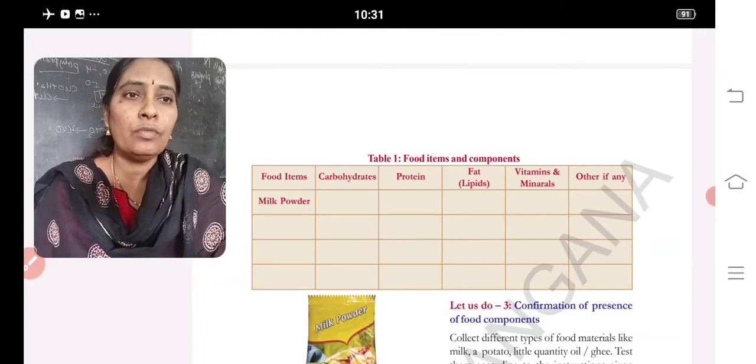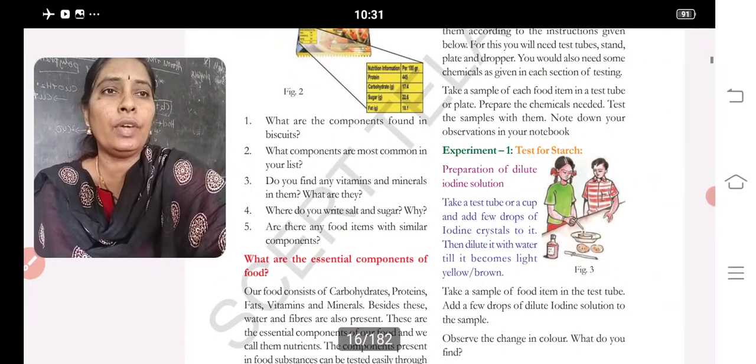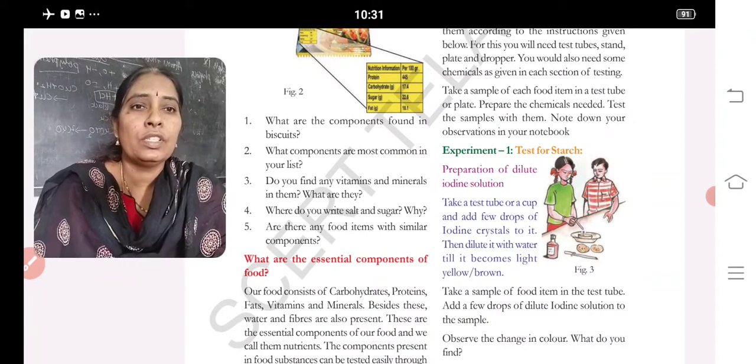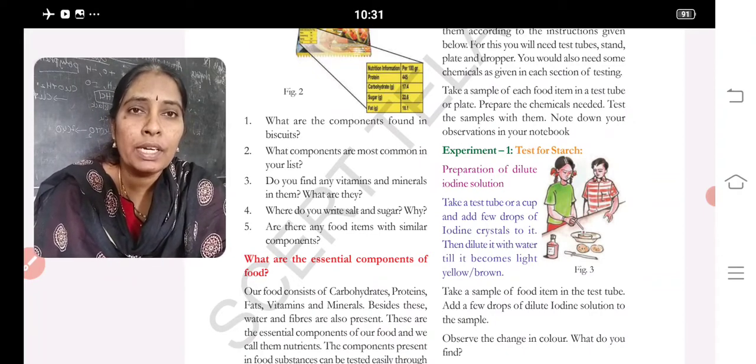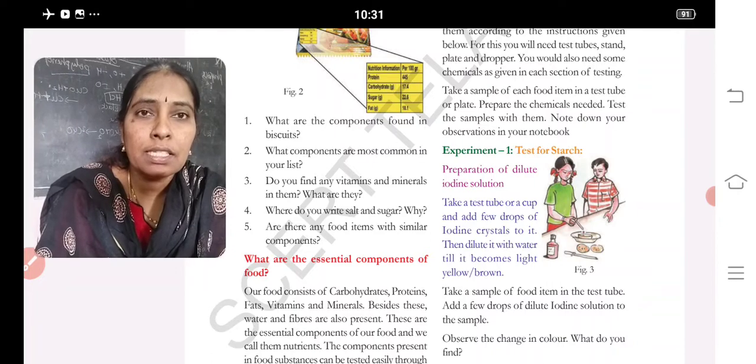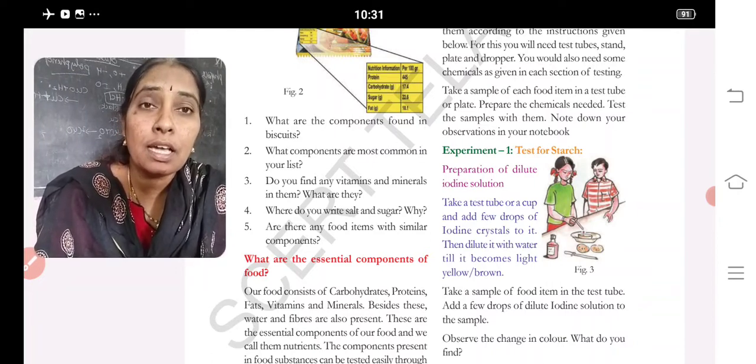And how we will confirm the presence of starch, and what are the essential components of our food? Carbohydrates, vitamins, minerals, fats, proteins, roughages, fiber. All these are the different food components present in different types of food.